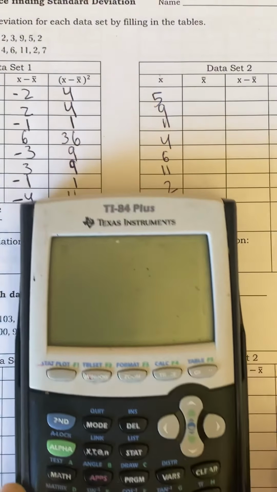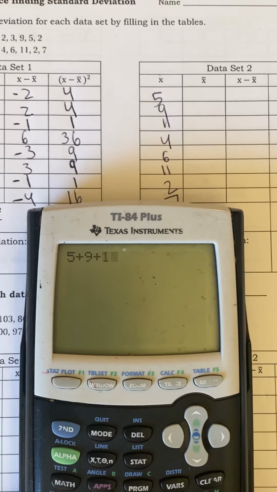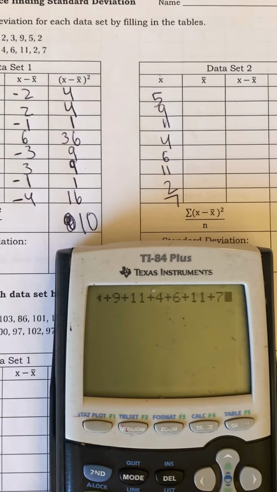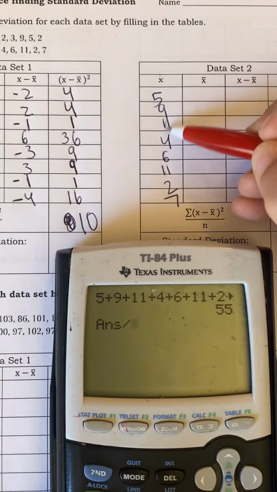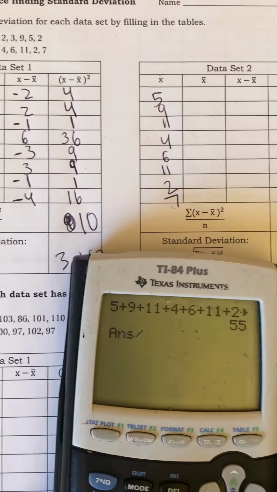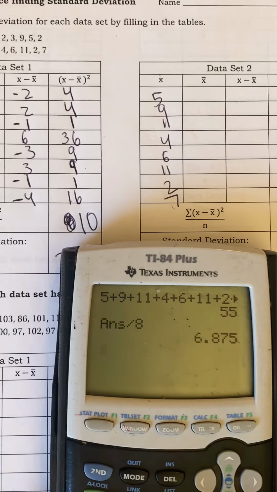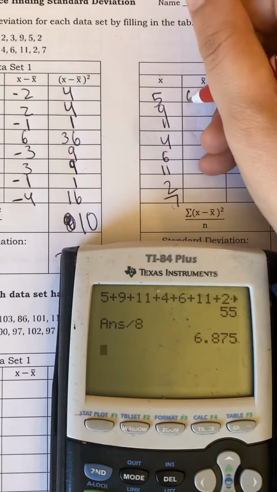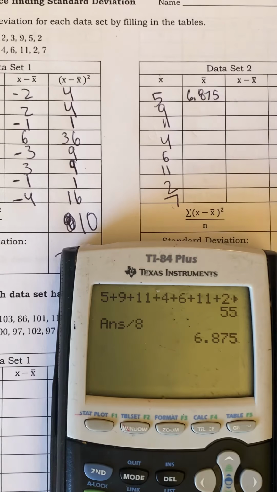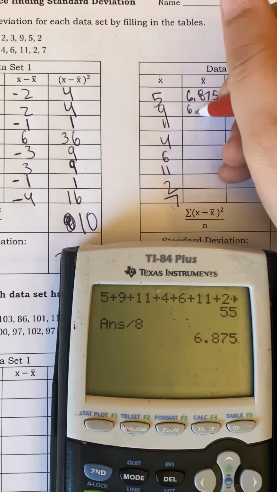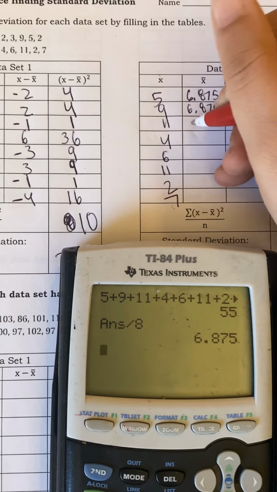So 5 plus 9 plus 11 plus 4 plus 6 plus 11 plus 2 plus 7 divided by 1, 2, 3, 4, 5, 6, 7, 8. So remember, the mean is adding it all up and dividing by however many numbers you have, and we have 6.875. So that means our mean down this whole entire column is 6.875.